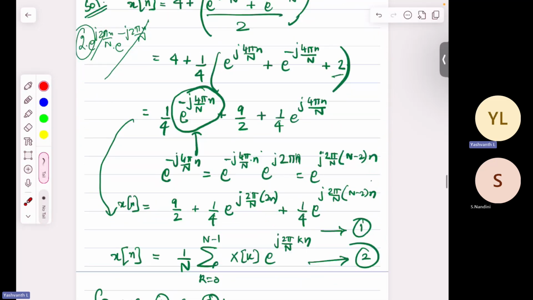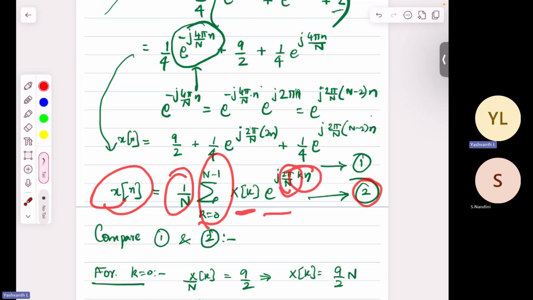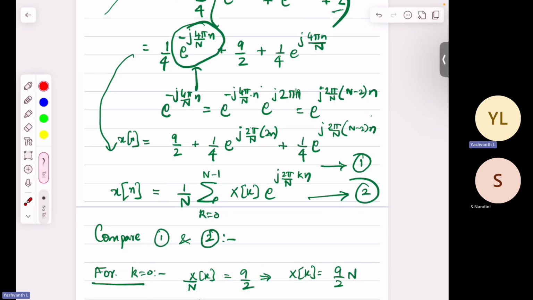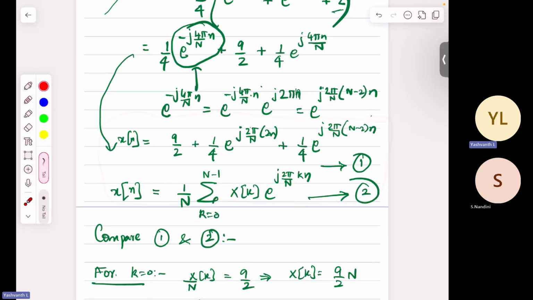Now recall the definition of DFT, given in equation 2: x of n is equal to 1 by N summation over k equal to 0 to N minus 1 of x of k into e power j 2 pi by capital N into small k into small n. Now all you need to do is compare equations 1 and 2, just like how we did Fourier series and Fourier transforms in our continuous time domain signals. You just compare the exponential terms.